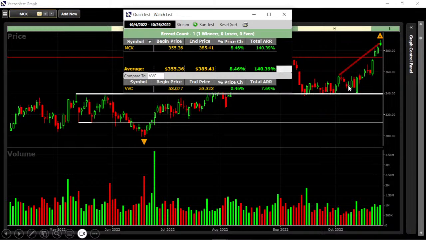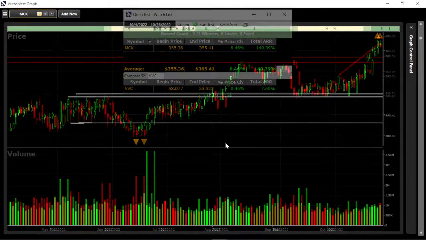So you hung in there a couple of down days after you take the trade, and the stock does what you expected it to do. That support level held, and it approached resistance on this day and just kept going. No resistance anymore. And just up until that point there, almost an 8.5% gain. That's a 140% annualized return.